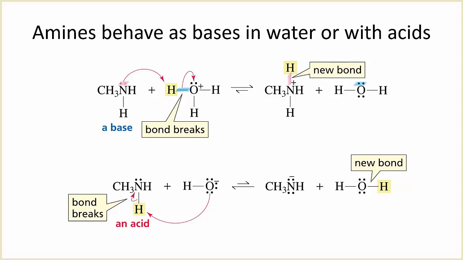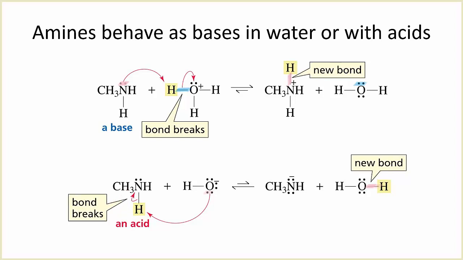Now, you could also illustrate an acid-base reaction between an amine and hydroxide ion. The lone pair on the oxygen attacks the hydrogen to form the new bond. And then the pair of electrons between the nitrogen and the hydrogen has to go back to the nitrogen, forming another lone pair.